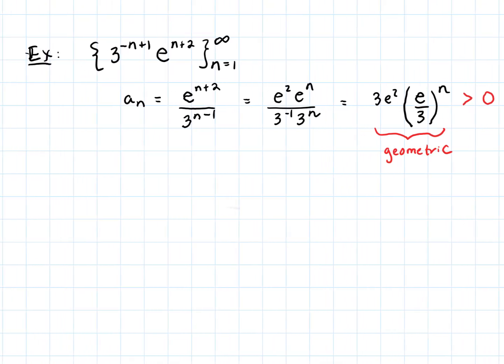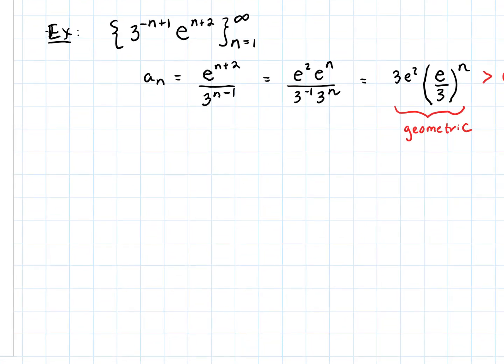And it's geometric, and the ratio is e over 3. But remember that e is 2.718, so e divided by 3 has got to be less than 1, which means that this must converge.